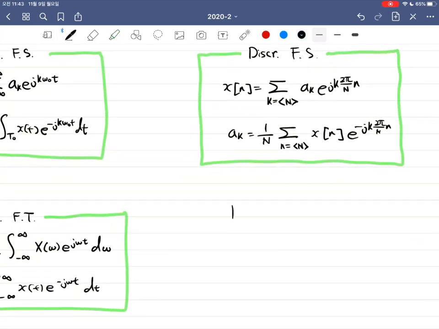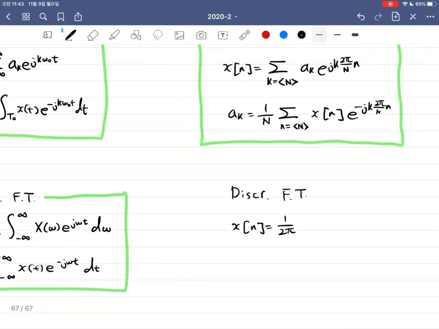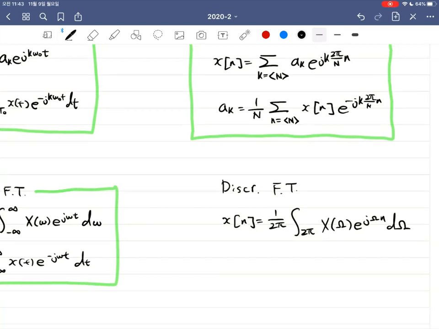Finally, the discrete time Fourier transform: we have the equation of 1 over 2 pi and integration over just one period of X(e^(j omega)) e^(j omega n) d omega, like this.